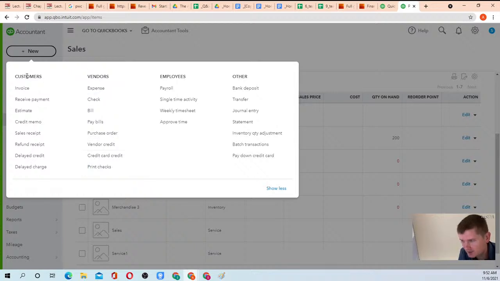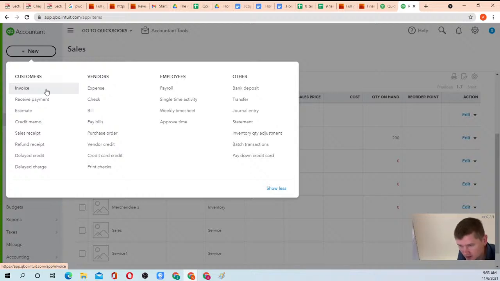If you have transactions with your customers, you need to do something here. It's not a good practice to use bank deposit or journal entry accounts when you do transactions with your vendors and customers, because in that way QuickBooks may not interpret the transaction properly.